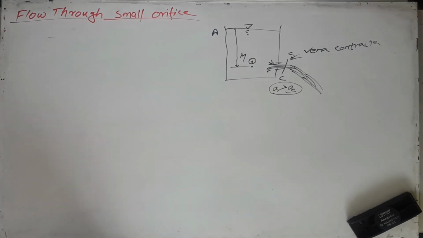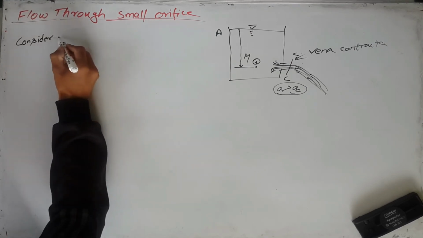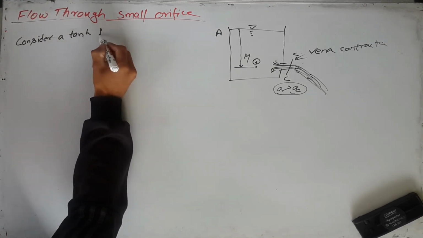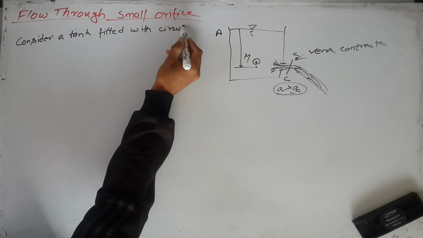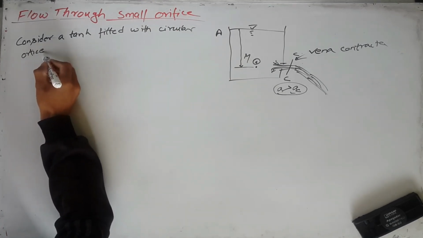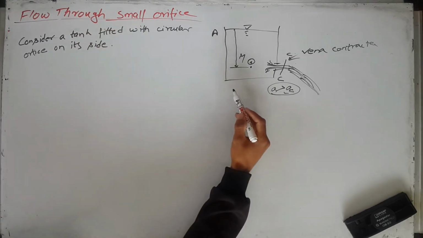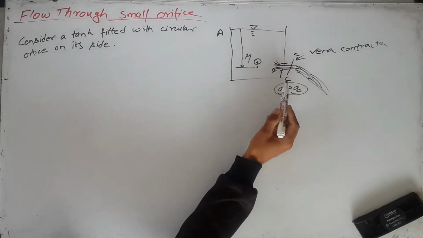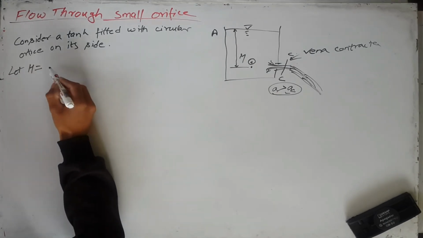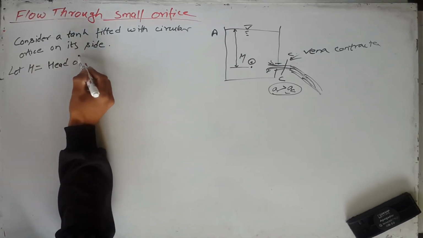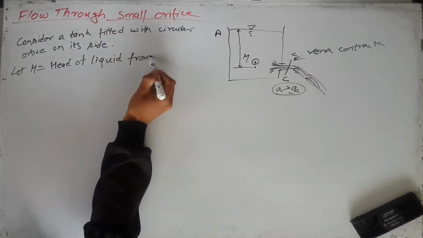So we write the consideration here. We consider a tank fitted with a circular orifice in its side, and we write this H. This H is the head of liquid from the center of the orifice.